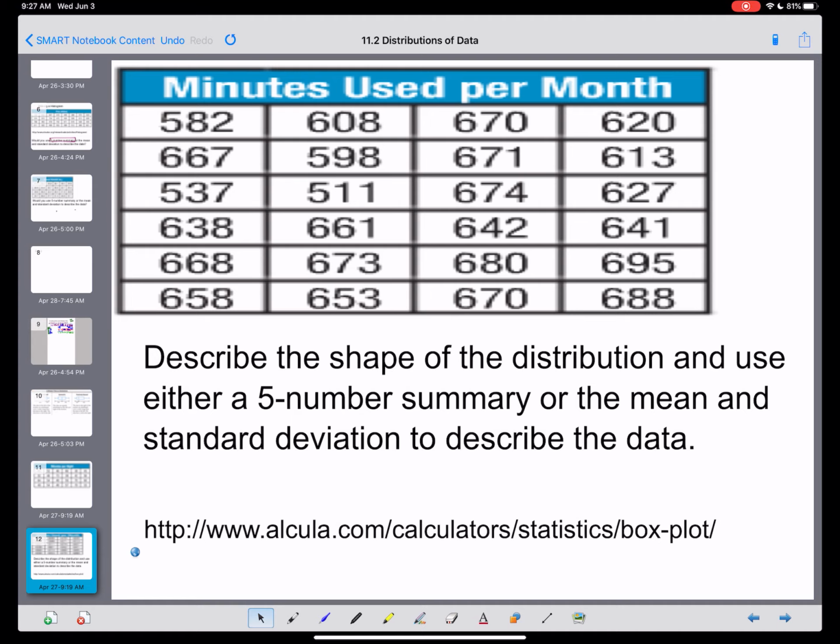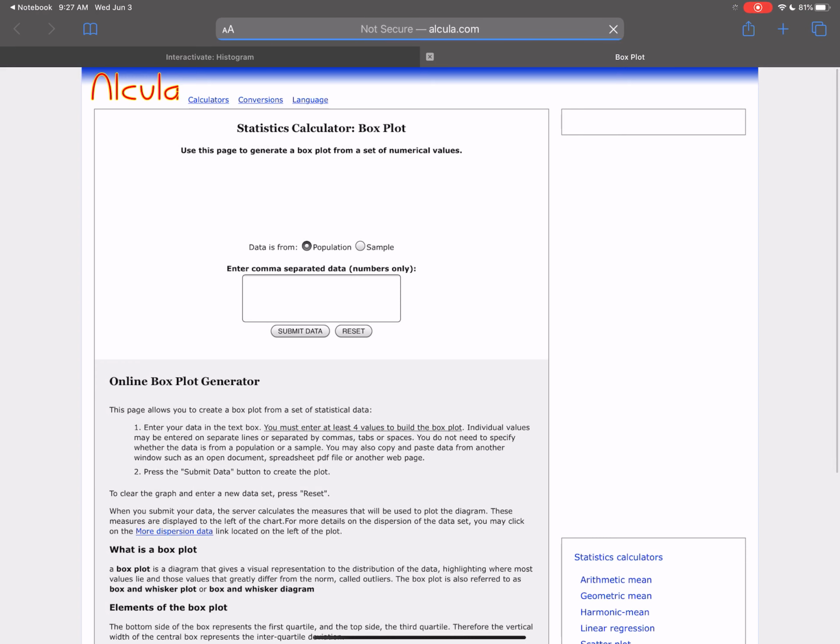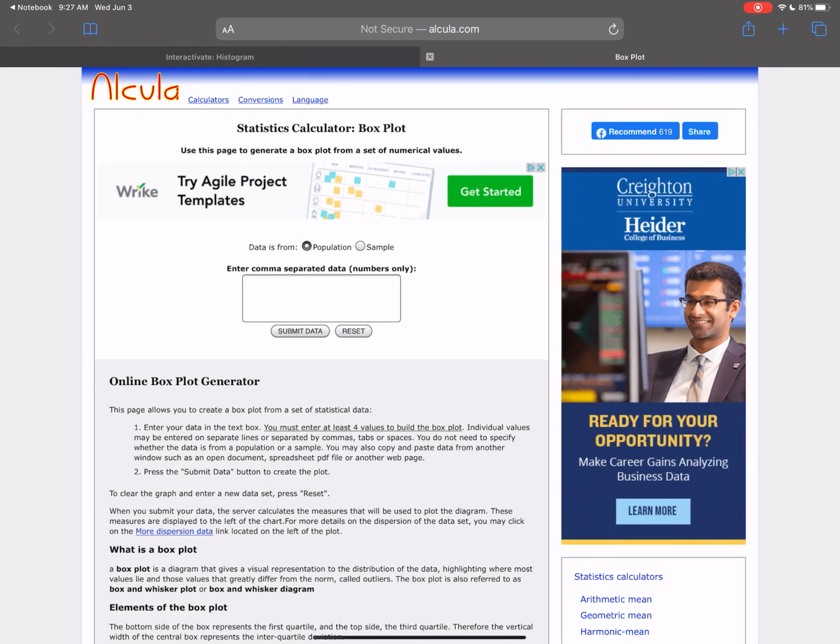So let's check out this site. This is for a box and whisker. Data is population or sample. Once again, we make that distinction. Let's just go sample.